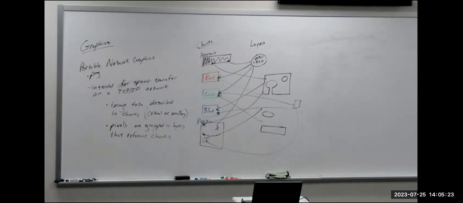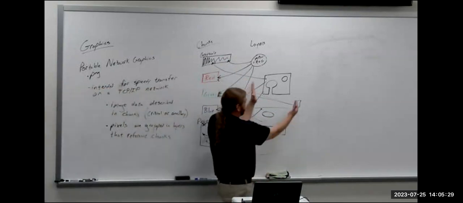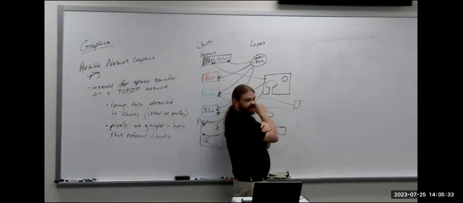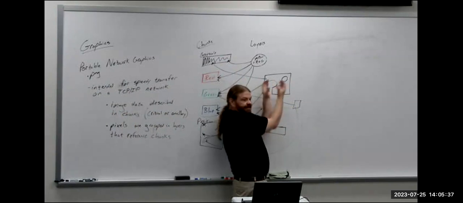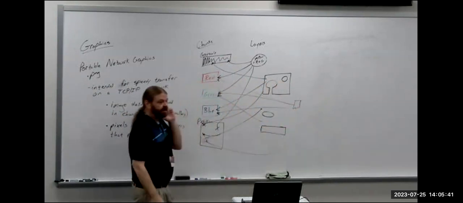Get great clarity. Can scale it down, and just like a bitmap, if we shrink it down, we can lose some of this data and still be okay. We could make this circle smaller and we'd still be okay. If we scale it up, we get a little bit blurry.